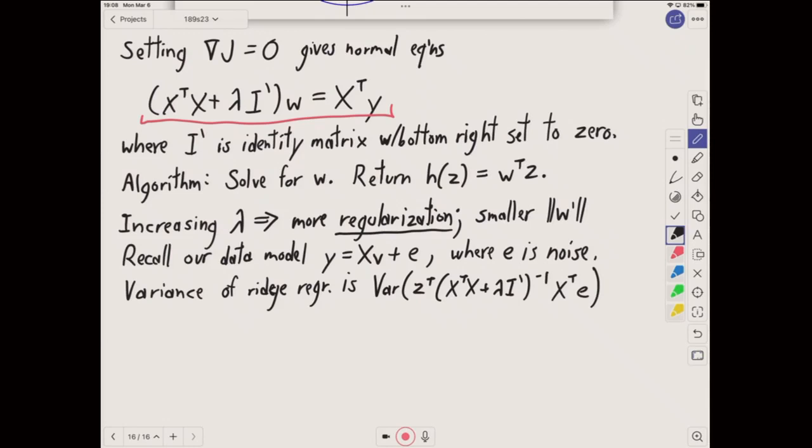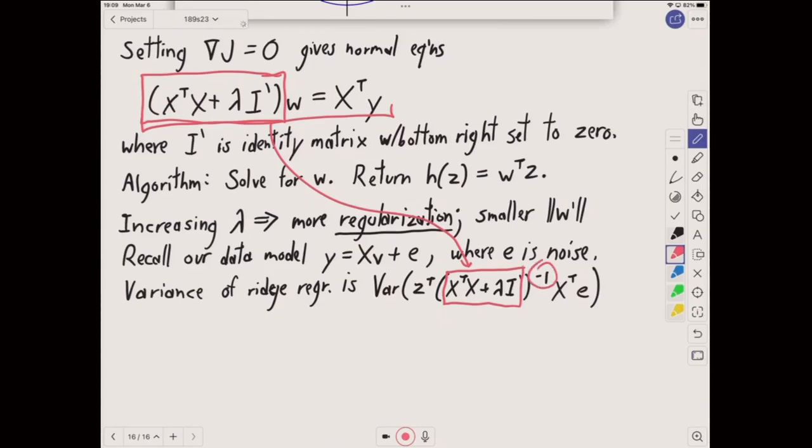I know this looks a little bit complicated, but really the part you want to focus on is the fact that the matrix that we solve in our linear system of equations comes down here and then gets inverted.